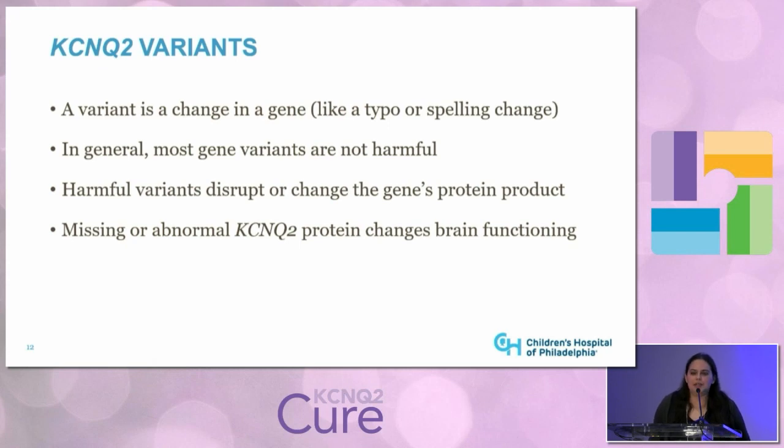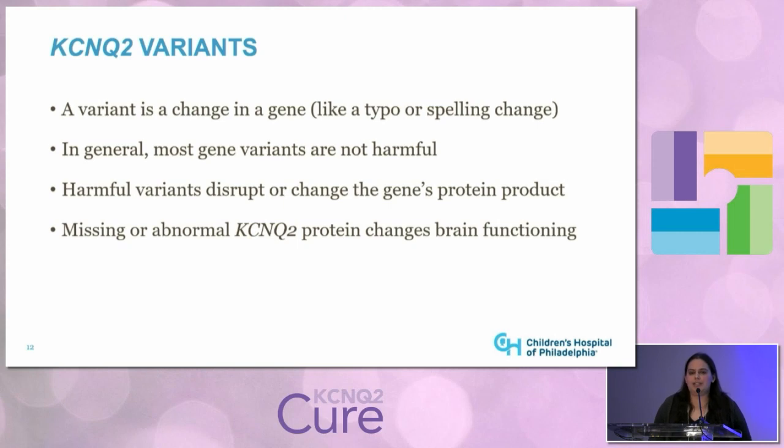So when we think about genetic variants in general, again, when I say variant, and some people may use the word mutation, but we're all talking about the same thing. This is what we say is a change in a gene, like a typo or a spelling change in a sentence. And in general, we know that most genetic changes are not harmful.